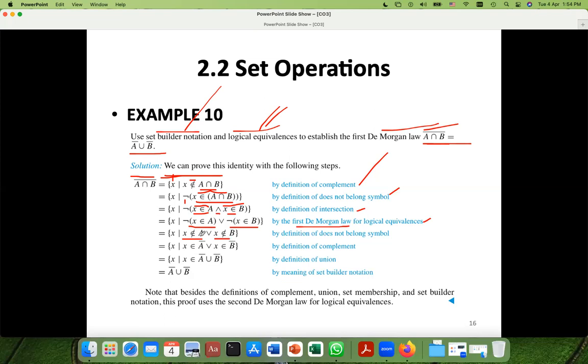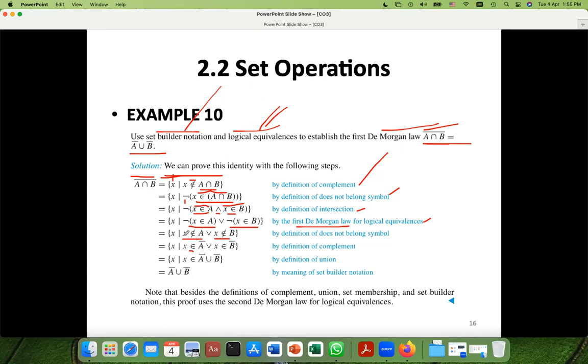How can I say A if I am using this belong symbol? X belongs to not A. Not A, meaning in A complement, you don't have the elements of A in it. What does A complement actually mean? A complement means the elements of A are not there.